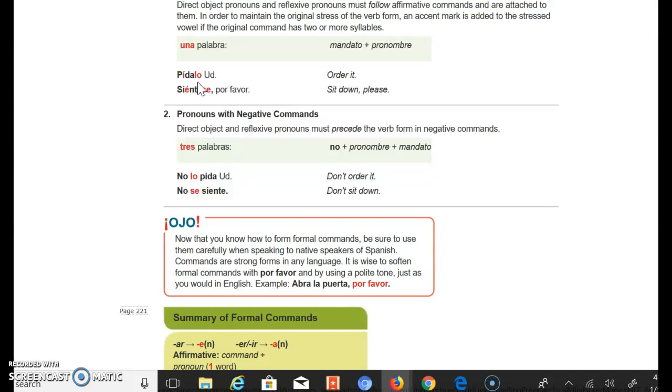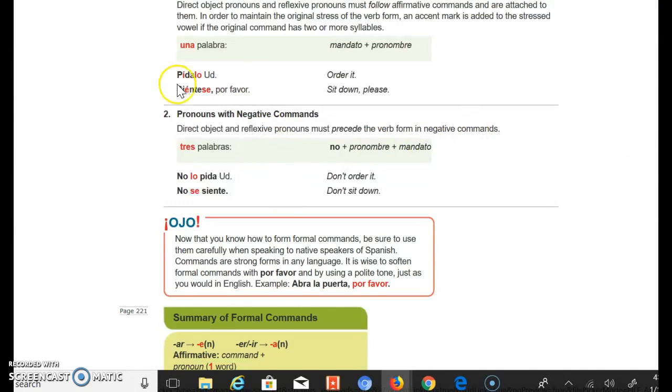Also, sometimes the fourth to the last syllable is stressed, but it's not that often, like pídeselo, and that is a command that is saying ask it of him. So you're having direct and indirect object pronouns together, but we won't get into the indirect object pronouns until the next chapter, chapter 8.